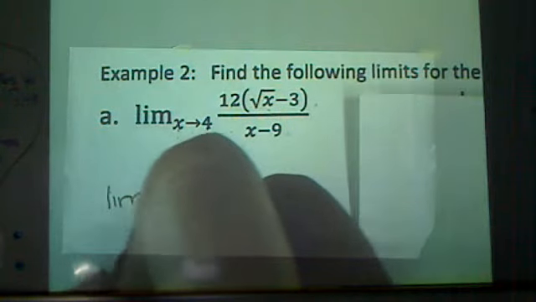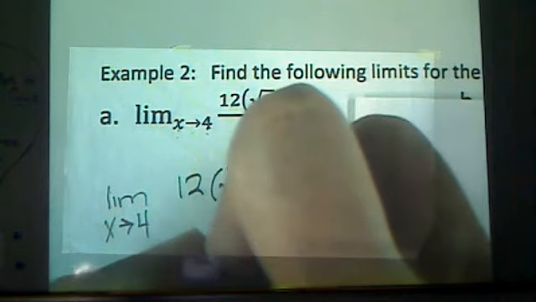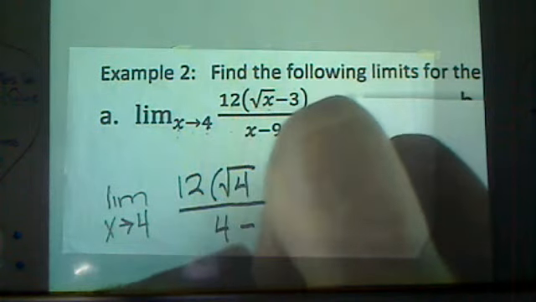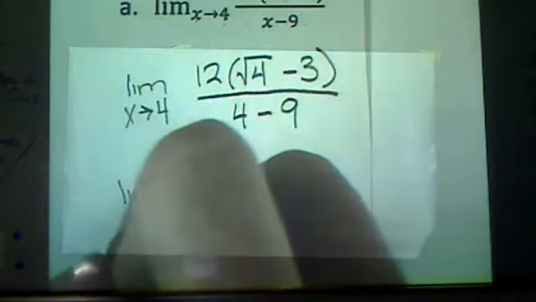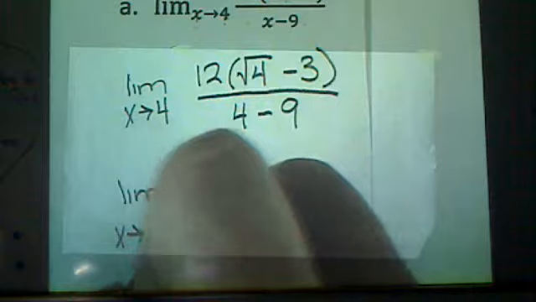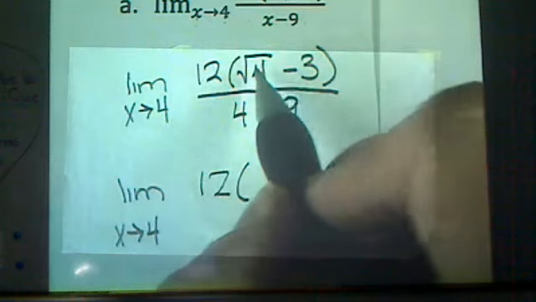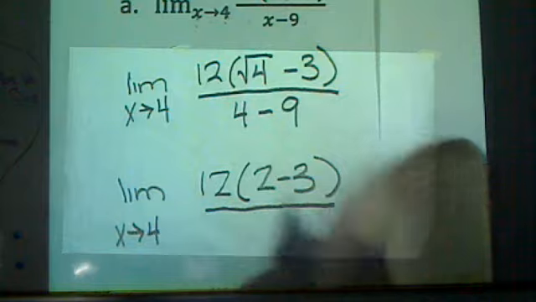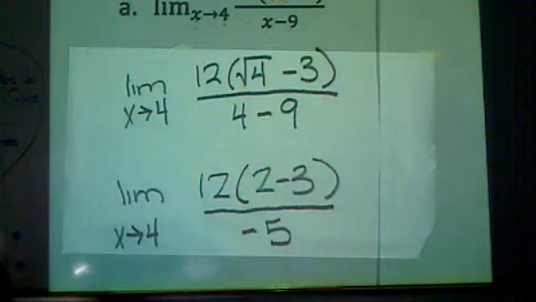So the limit as x approaches 4 will be 12 times the square root of 4 minus 3 over 4 minus 9. Continue evaluating, and until you get your final answer, you must continue to write the limit as x approaches 4. This will be 12 times the square root of 4 is 2 minus 3 over a negative 5. 2 minus 3 is negative 1.